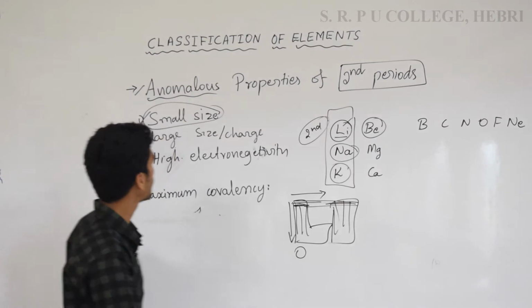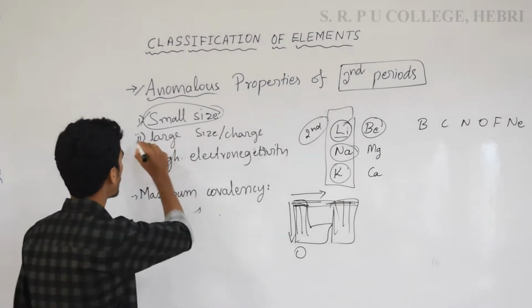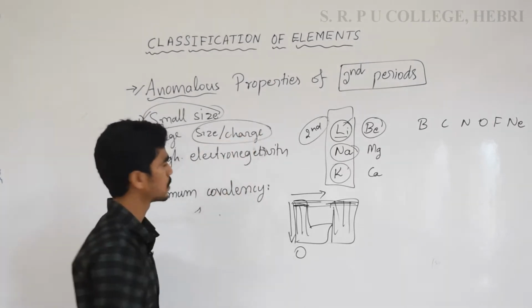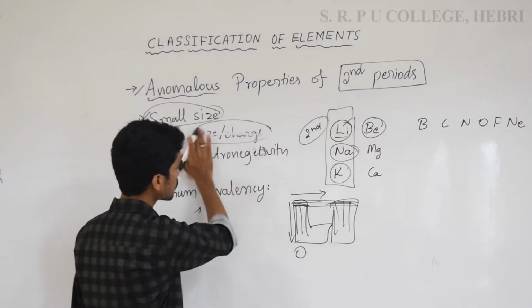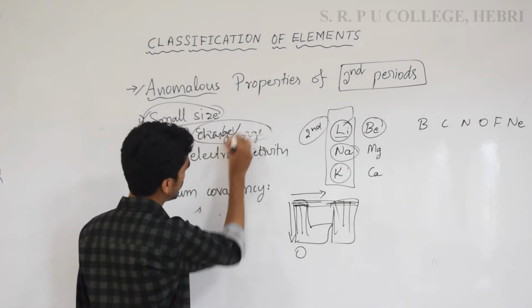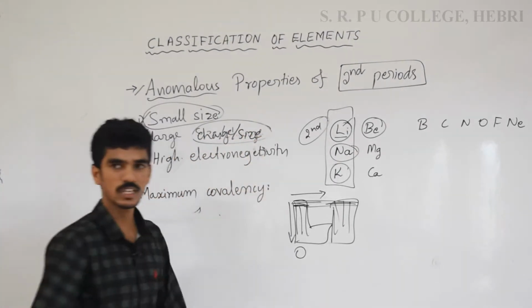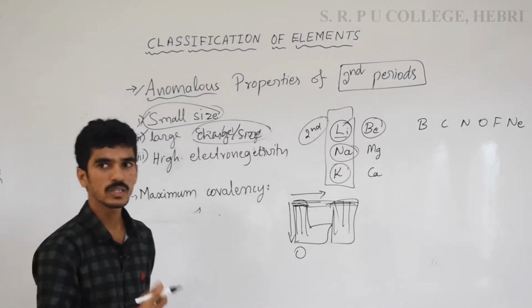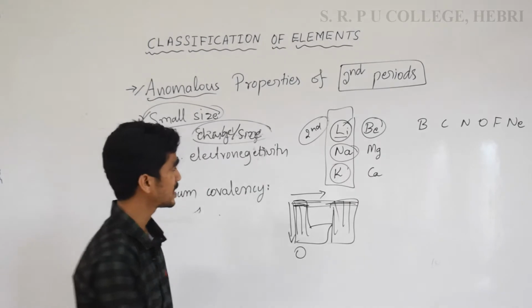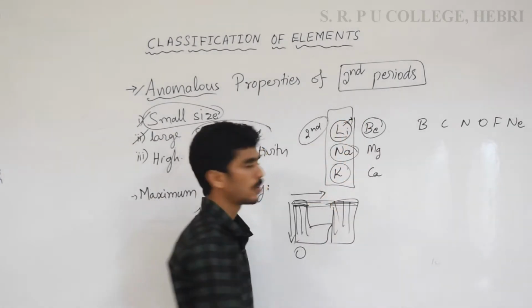Consider the anomalous properties. Next we'll move to large charge by size. What is the meaning of this? Charge generally means oxidation state, and you know the oxidation state of lithium.